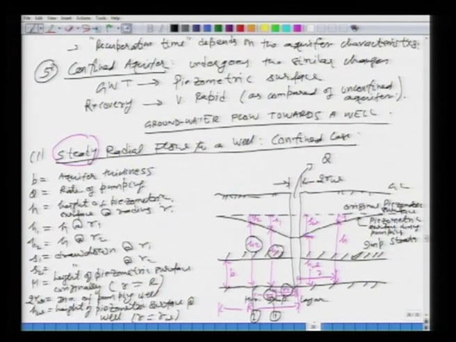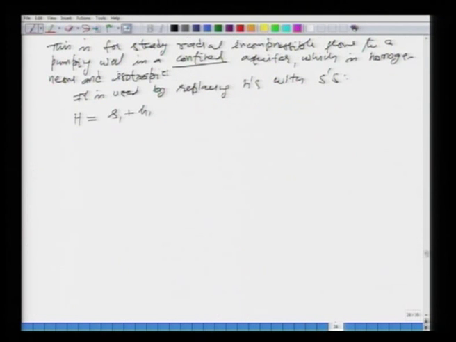What is your total H? This is your capital H. That will be nothing but H1 plus S1, and it will also be equal to H2 plus S2. So, instead of H1 and H2, we actually use S1 and S2 in Thiem's equation. This would mean your H1 will be equal to what?